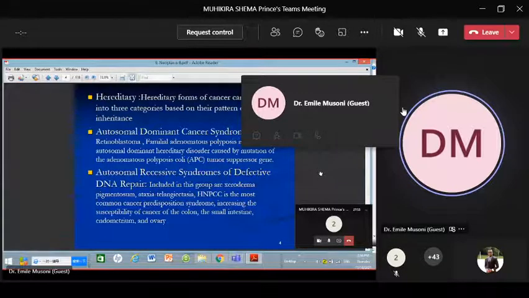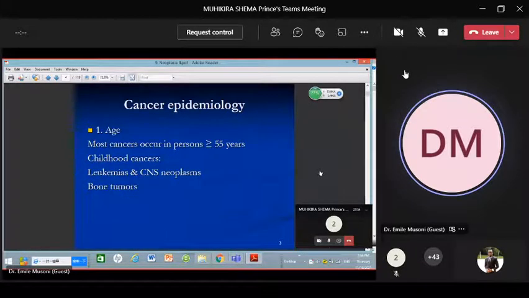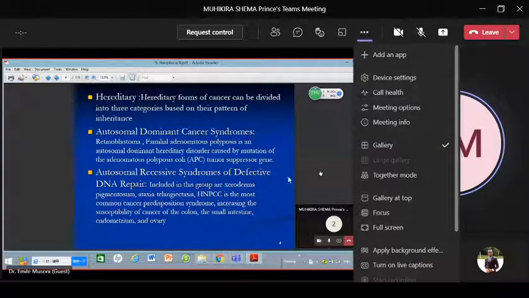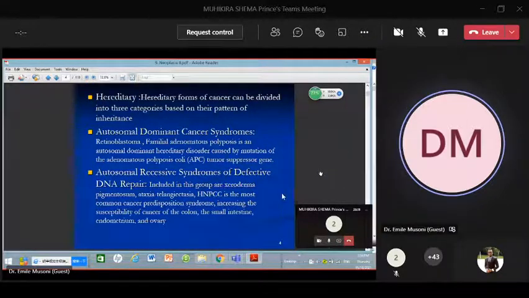Cancer can also be hereditary. If you have done genetics, you understand what is hereditary. So it can be autosomal dominant or autosomal recessive. For autosomal dominant, you can see retinoblastoma, which is found in the young.